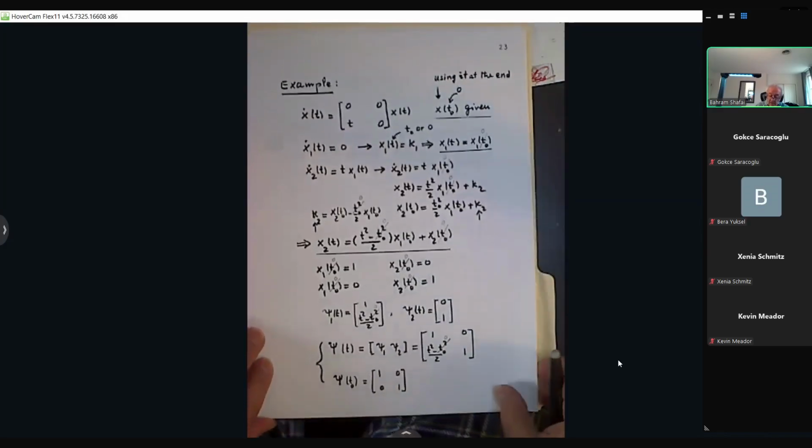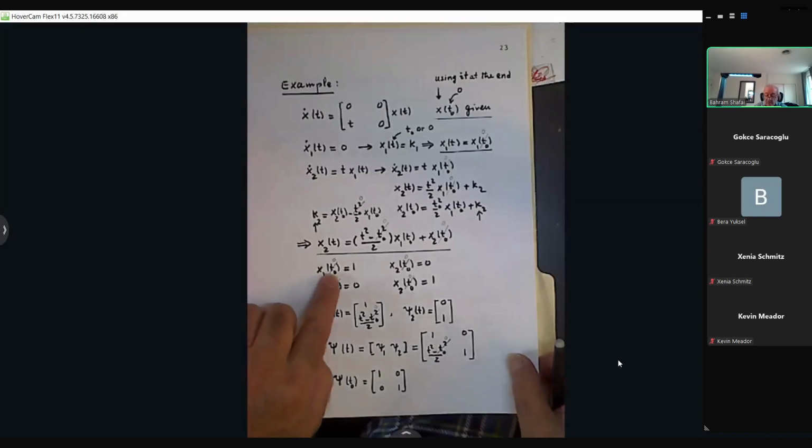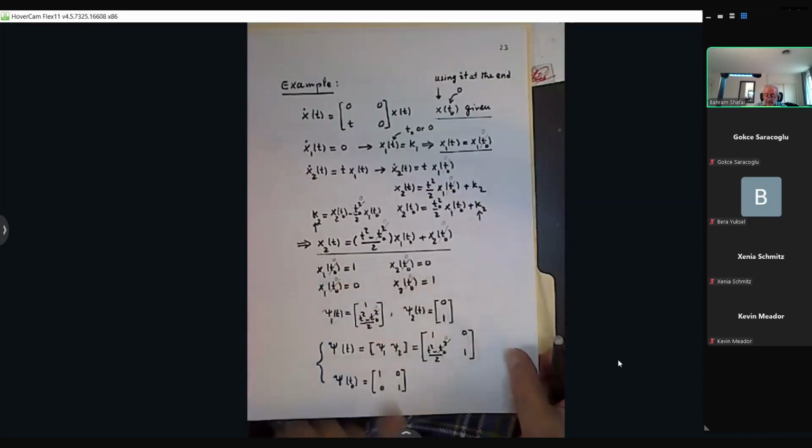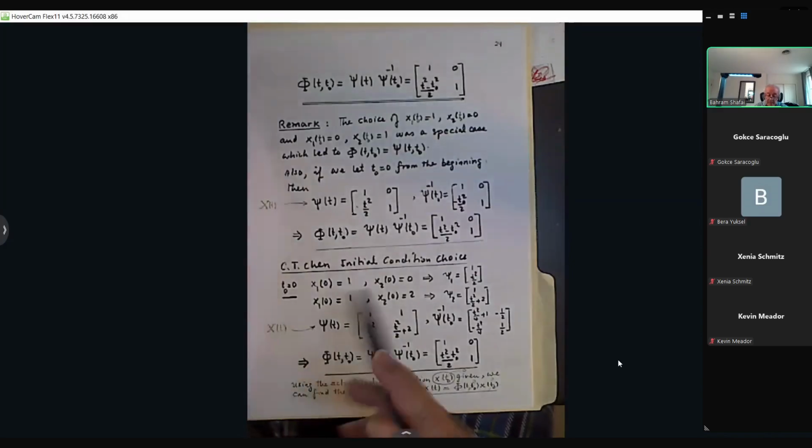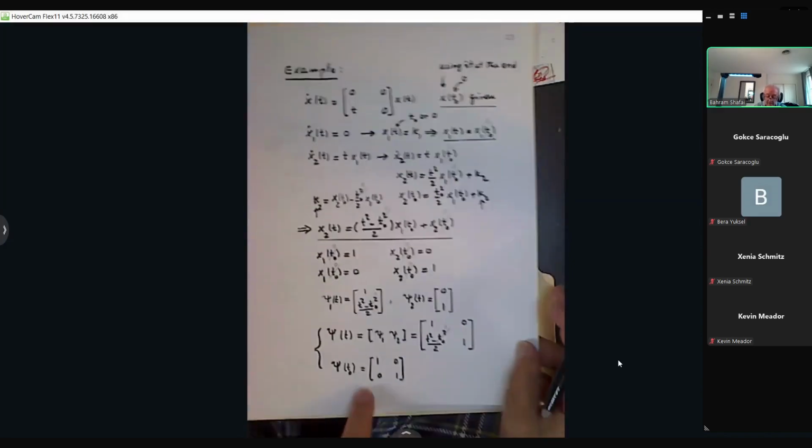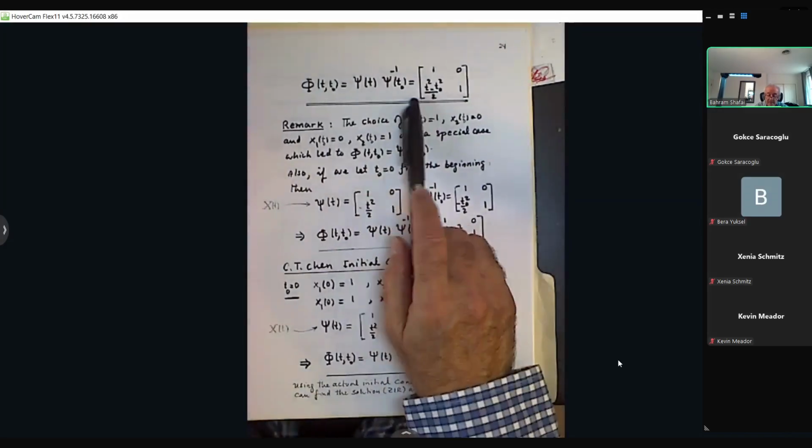I showed that in two different ways: you find linearly independent vectors for the initial condition to find the fundamental matrix. Then when you multiply one times the inverse of the other one, you get the state transition matrix.